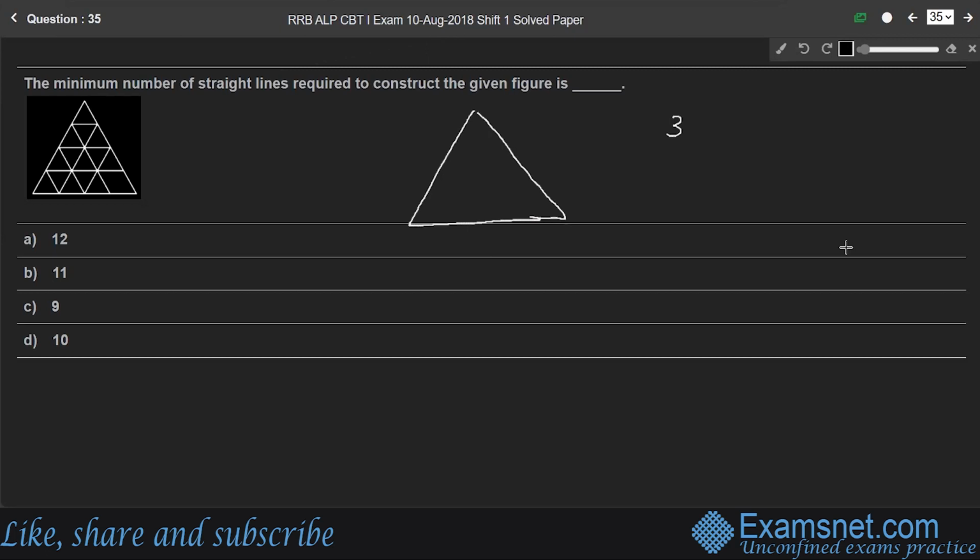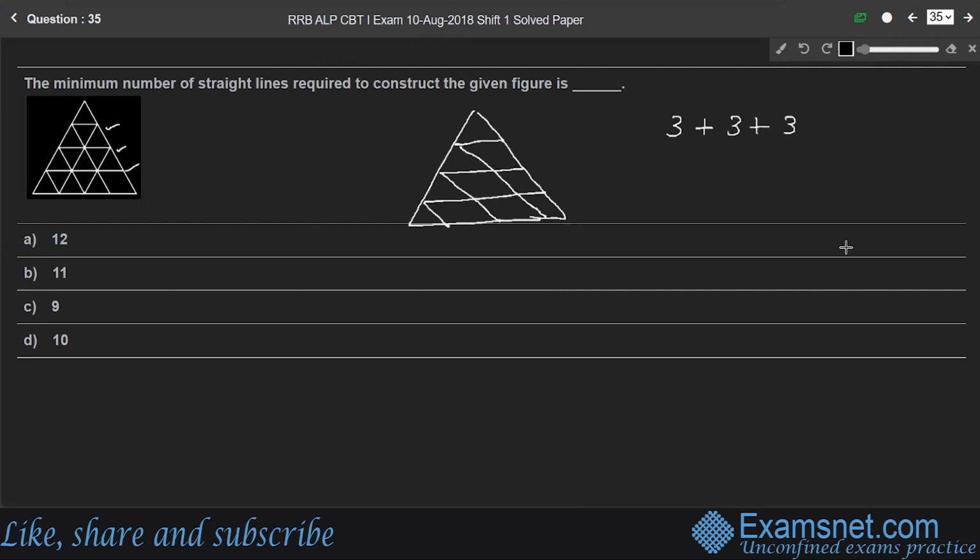Inside which, we can draw a straight line like this, horizontally. So 1 more straight line, and 3 straight lines here completes the horizontal lines. From here, let us draw 1, 2, and 3 straight lines. Together it is 3 plus 3 plus 3.